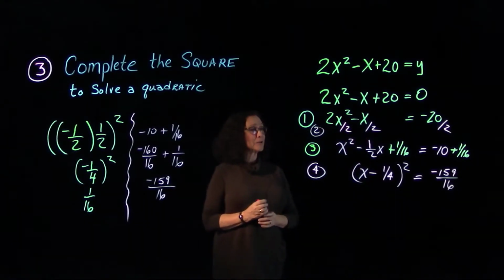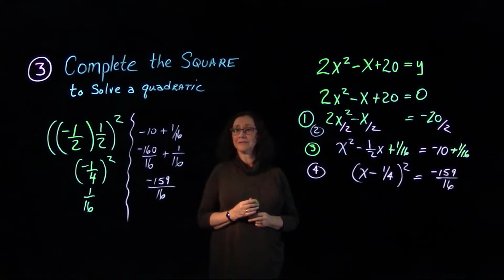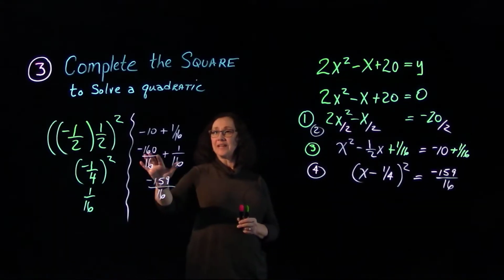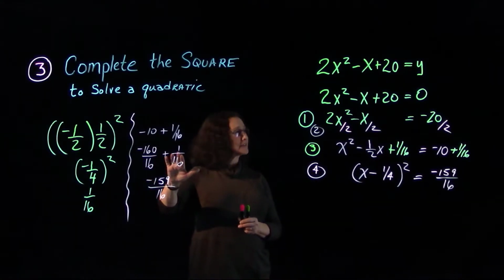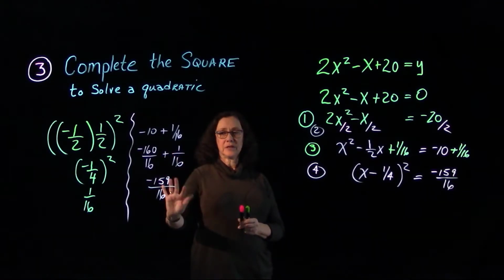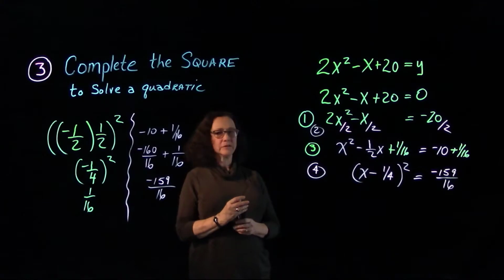Just looking at it to make sure I didn't make any mistakes here. So we have a negative 160. We're adding 1 to it, and we get negative 159. That looks right to me.